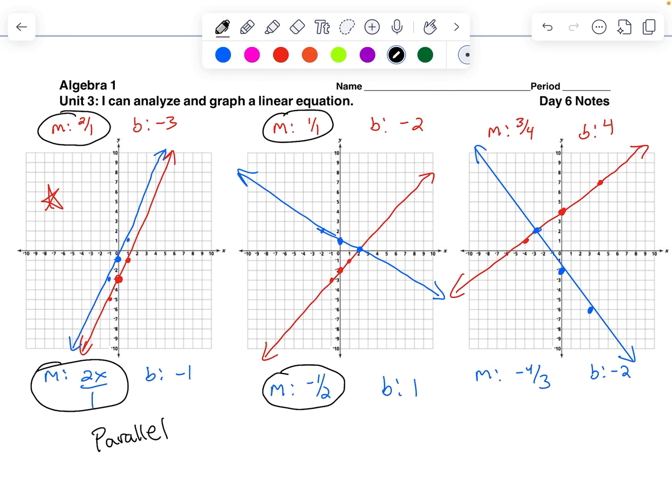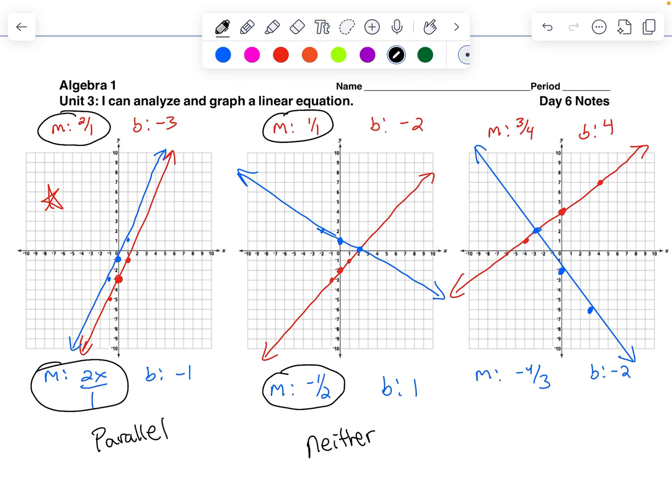They're opposite, but they also need to be the reciprocal of each other. Well, if I look at 1 over 1 and negative 1 over 2, if I were to flip 1 over 1, it would just stay 1 over 1, right? It's not going to be 1 over 2. So those are neither parallel or perpendicular. They're not parallel because they're not the exact same, and they're not perpendicular because they're not opposite and reciprocal of each other.